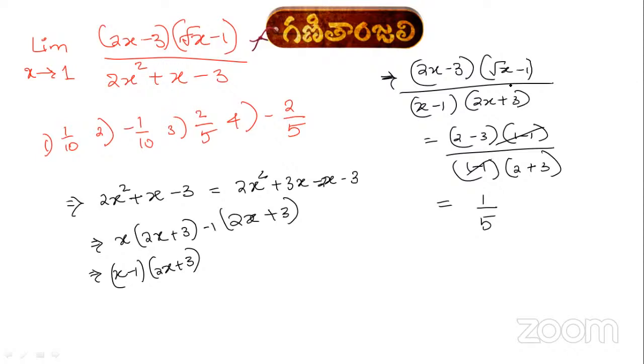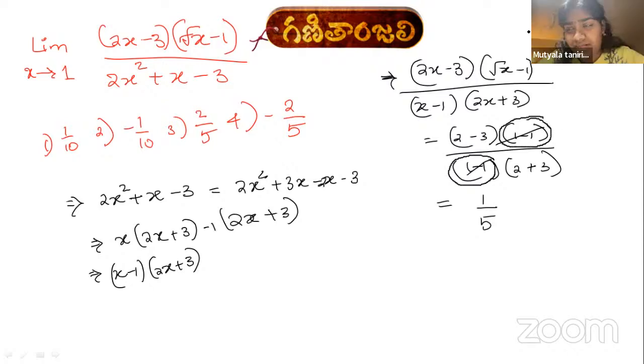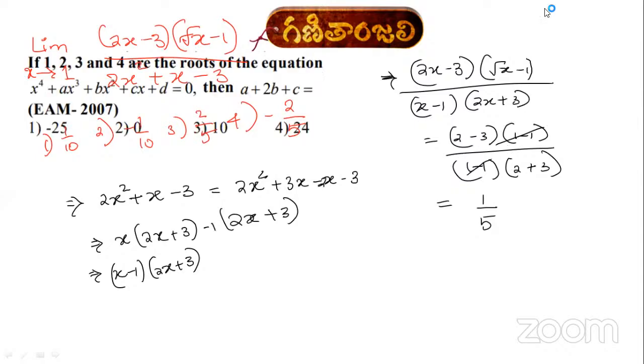Okay. Right. The mistake here is you cancelled 1 minus 1 and 1 minus 1, right? Yes, sir. Let me tell you one thing.